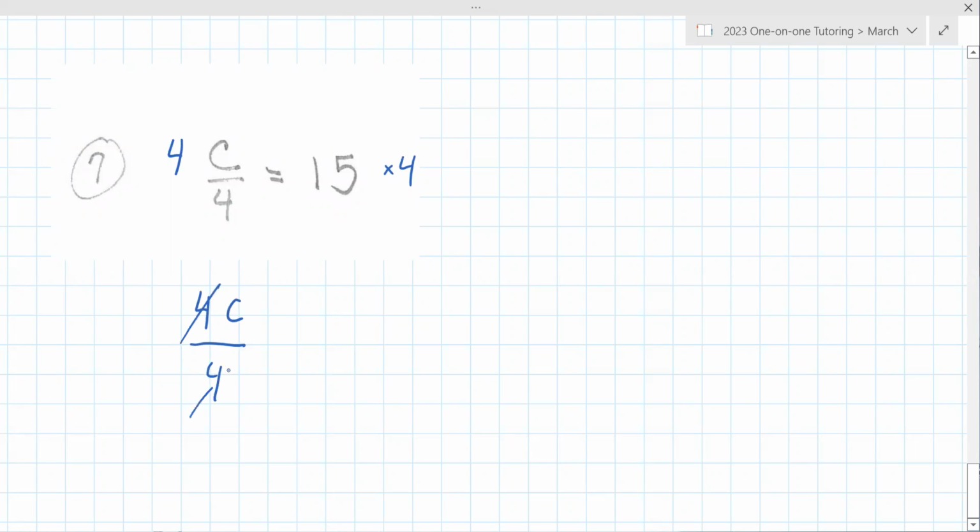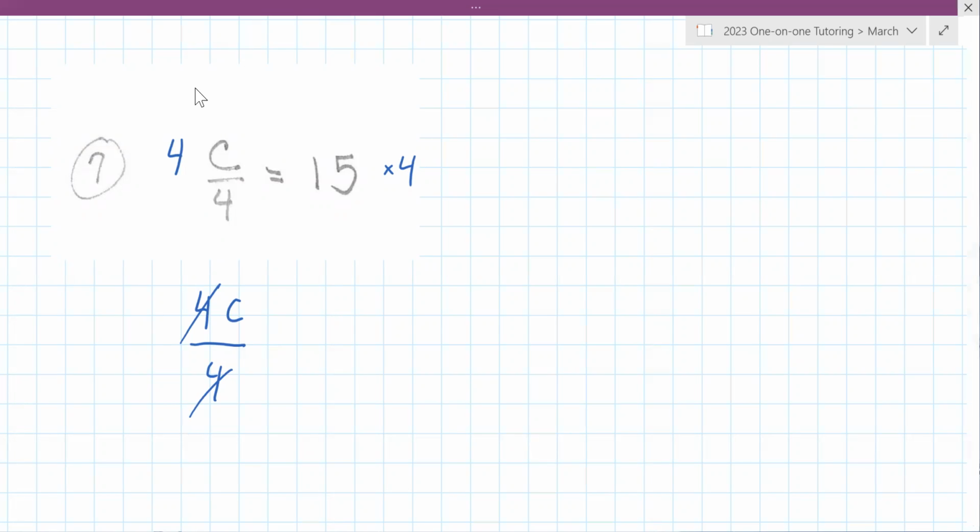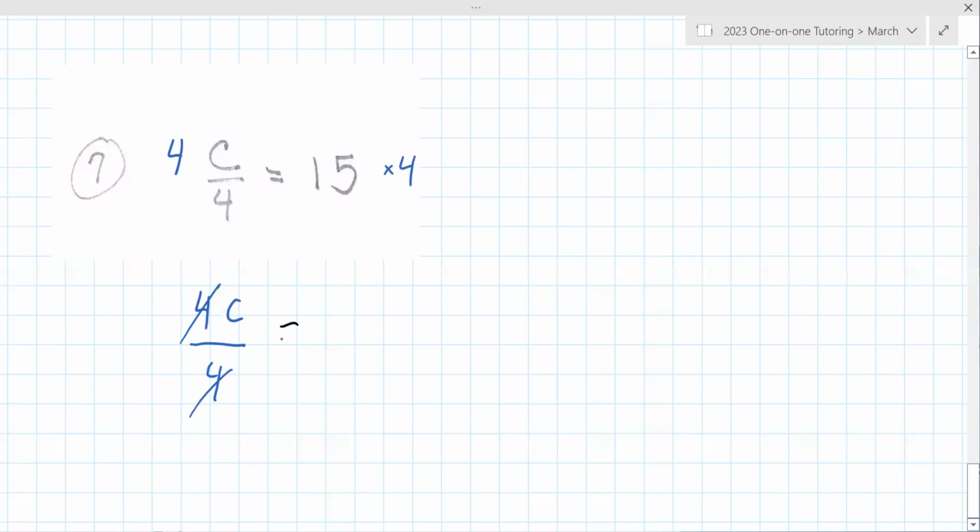The 4's cancel. You don't have to write it, you can, but you have to be comfortable with the idea that it's going away. On the right side, that's where you actually get your number, 15 times 4. That's 60. So C equals 60. Yes, that's your final answer.